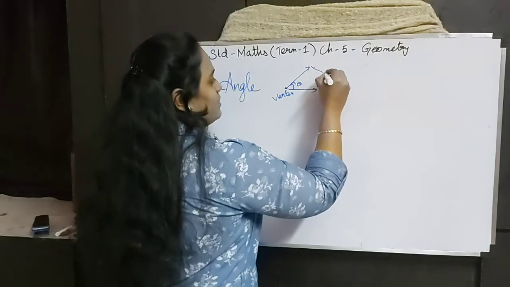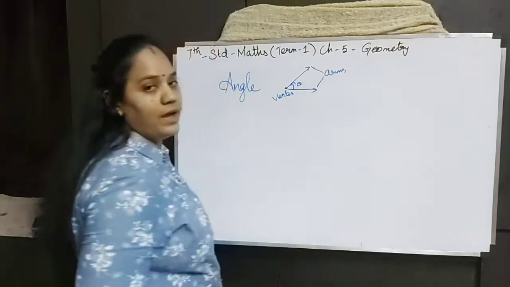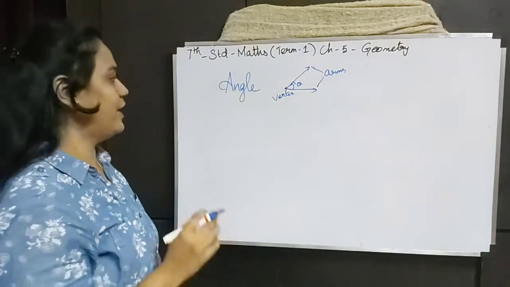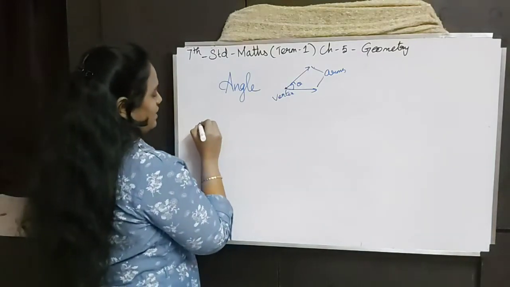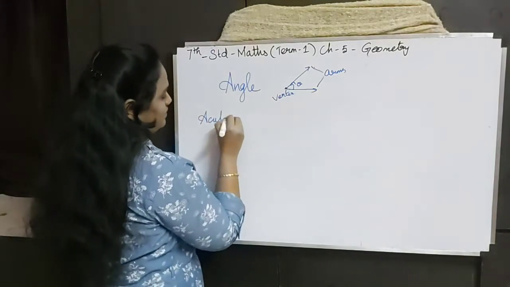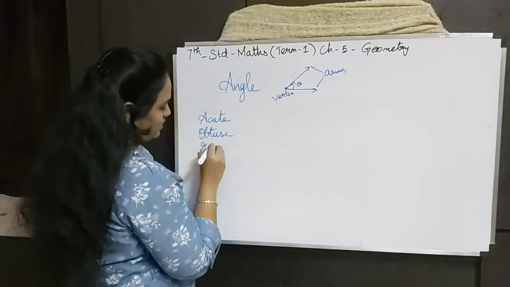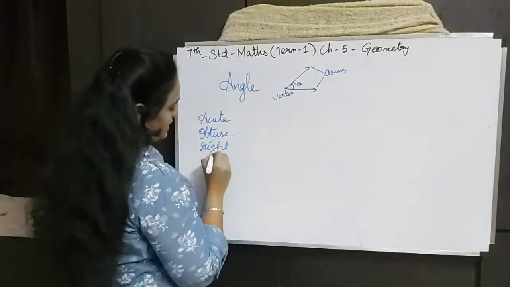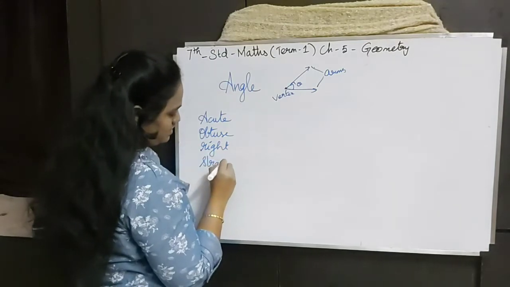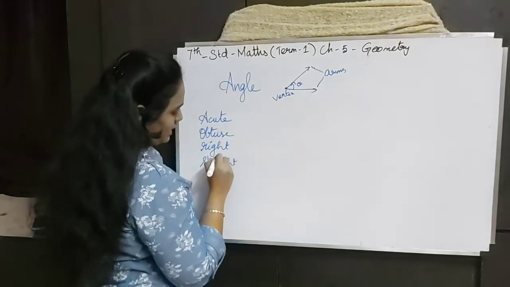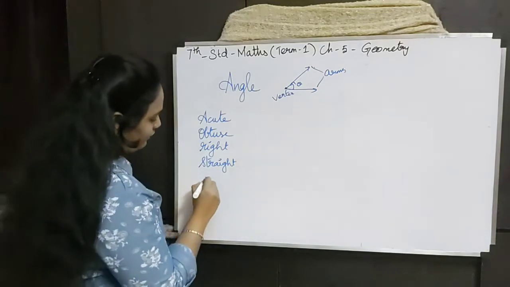We have so many types of angles: acute angle, obtuse angle, right angle, straight angle, reflex angle.